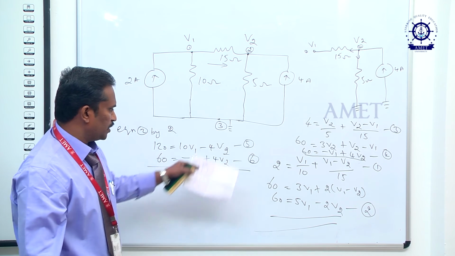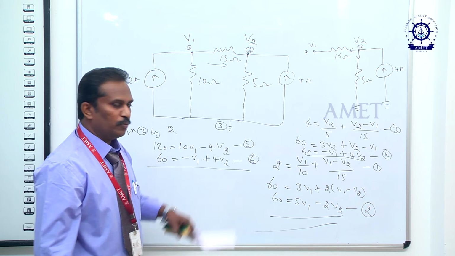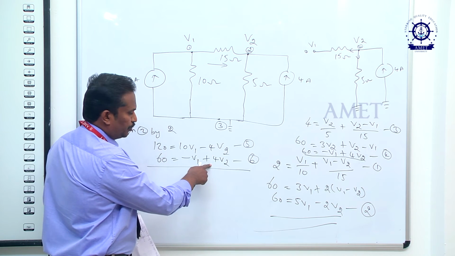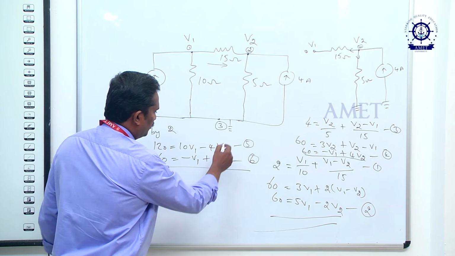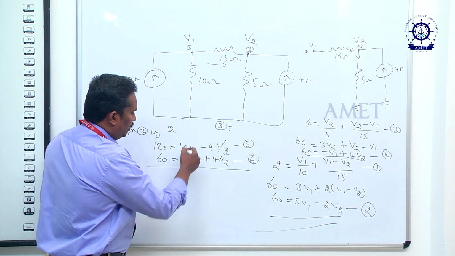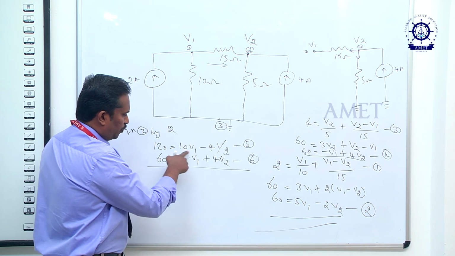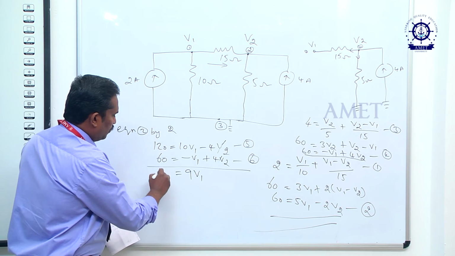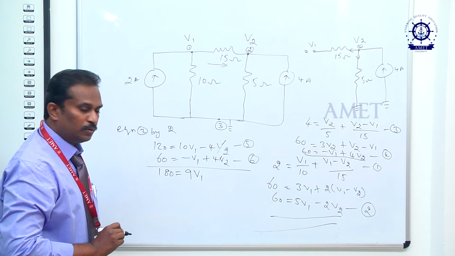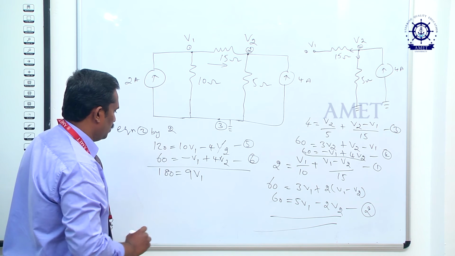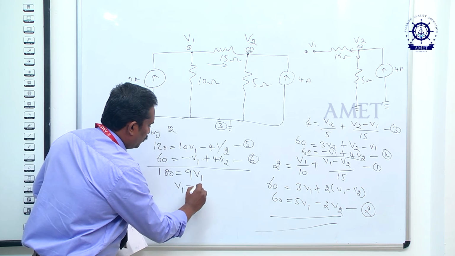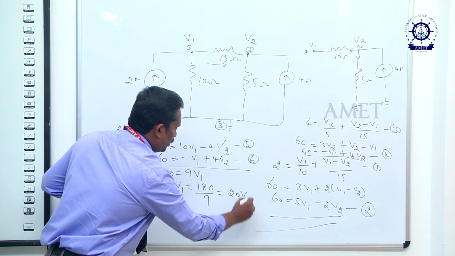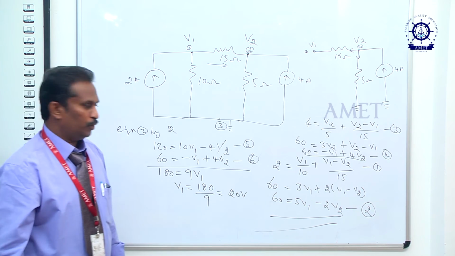Add equations number 5 and 6, and V2 will be eliminated, because minus 4 V2 plus 4 V2 cancel. Then we have plus 10 V1 minus V1, so 9 V1, and adding these you get 180. So 180 equals 9 V1. By solving this, V1 equals 180 by 9, so V1 is 20 volts.